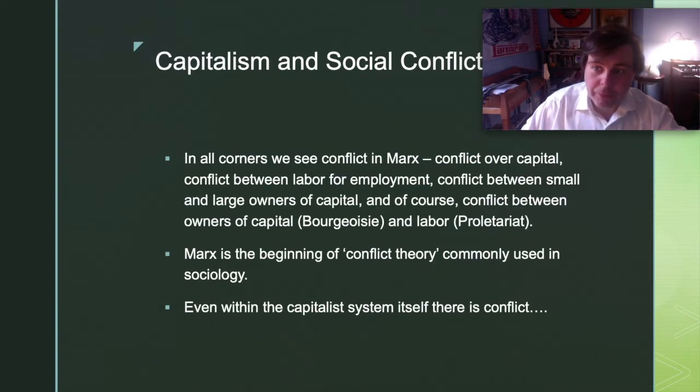And of course, Marx is the beginning of so-called conflict theory, which is commonly used in sociology and some other fields, even within the capitalist system. So the very idea of capitalism contains a variety of conflicts. The institutional structure of society is such that it is conflicted.